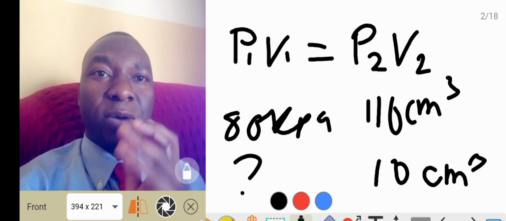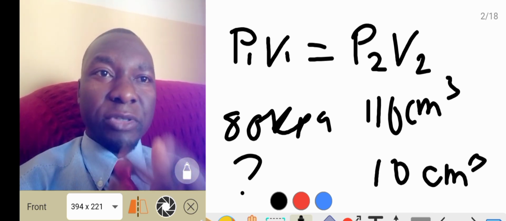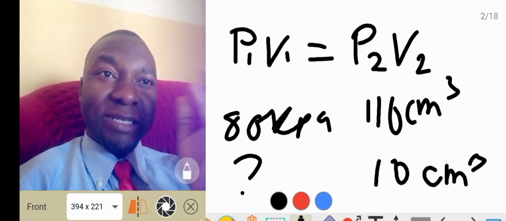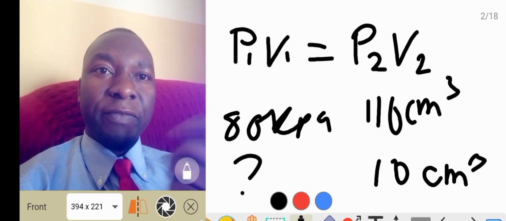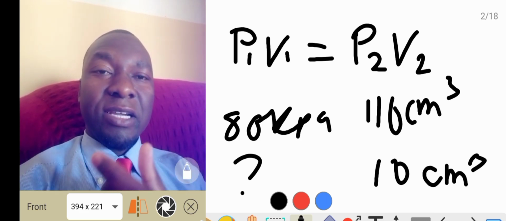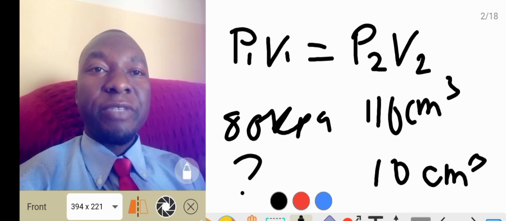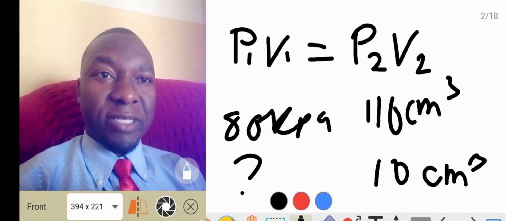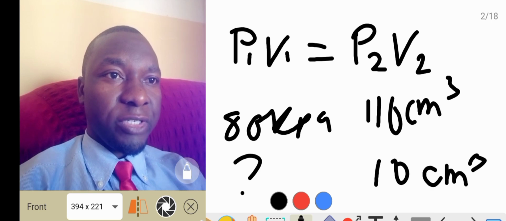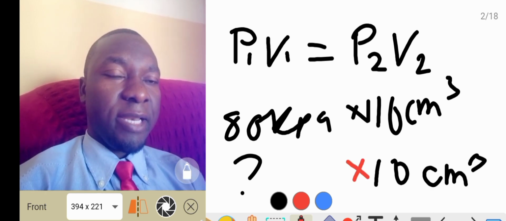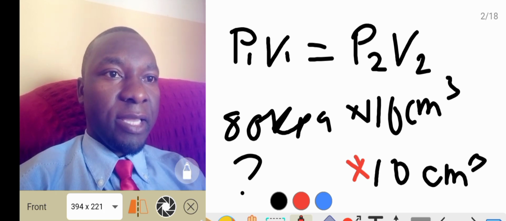Let us remember what Boyle's law states. Boyle's law states that at constant temperature, the pressure of a fixed mass of a given gas is inversely proportional to its volume. So what this means is that since the volume was reduced from 110 to 10, the pressure is going to increase.